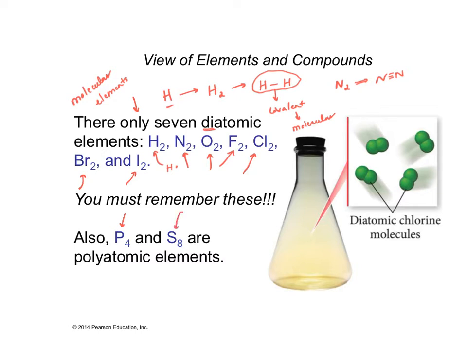And then sulfur is another polyatomic element. It comes in groups of 8. These are not as important to remember. Usually when we move on into chemistry, I will just write sulfur by itself and phosphorus by itself. But in reality, it is a polyatomic element. It comes as P4 and S8. That's how you would find it in nature.